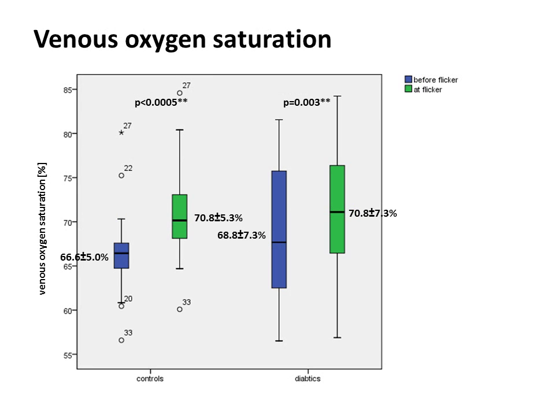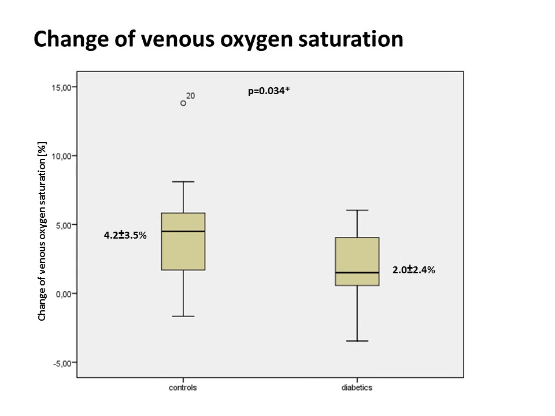And looking at saturation, we found an increase of the venous oxygen saturation by the flicker in the controls, as I showed before in another young control cohort. But the increase of the venous oxygen saturation in the diabetic patients was still significantly less than in the controls, with 2% versus 4.2%.